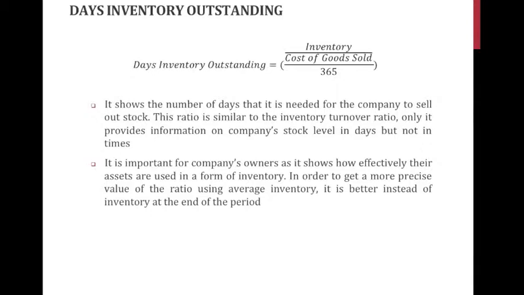So that's maybe an extreme case. But in general, if we have a large number of days to sell all our inventory, it might already indicate some challenges or show that some inventories are being managed not very efficiently.